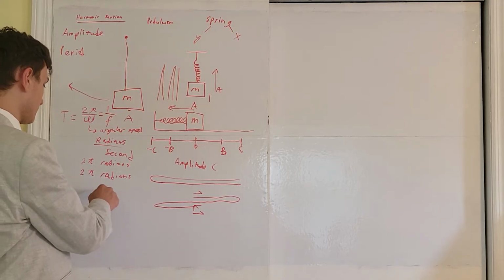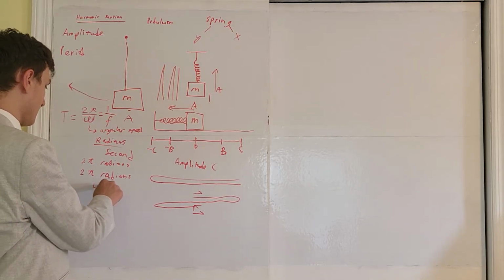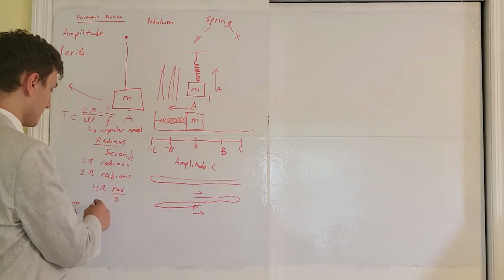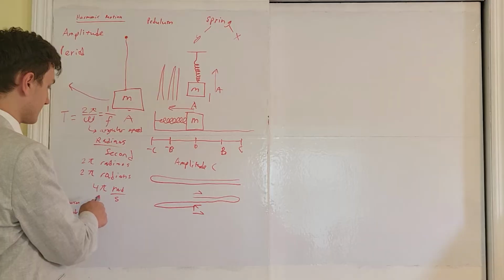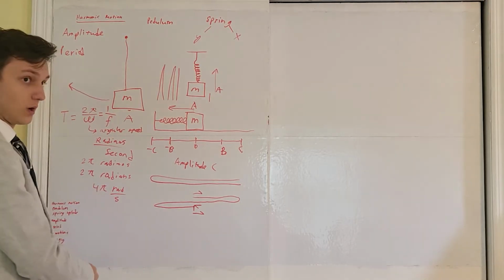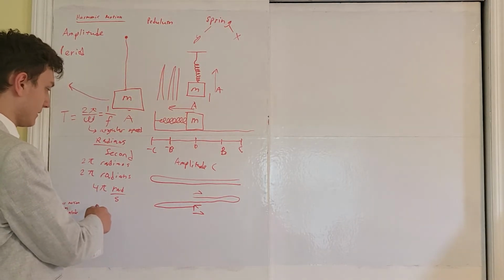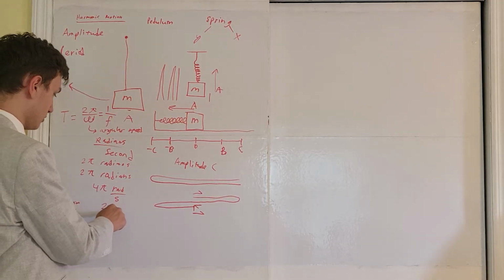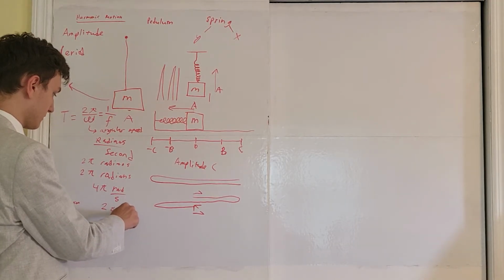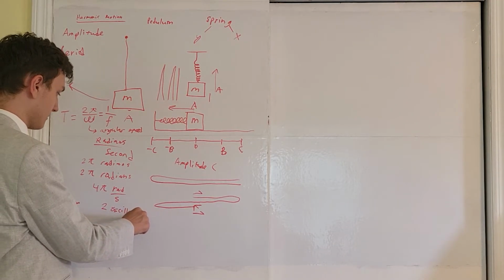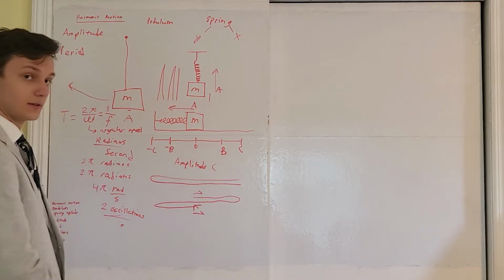So if my angular speed is 4 pi radians per second, that would stipulate that since 2 pi radians equals 1 oscillation, my speed is the same as 2 oscillations per second, okay?